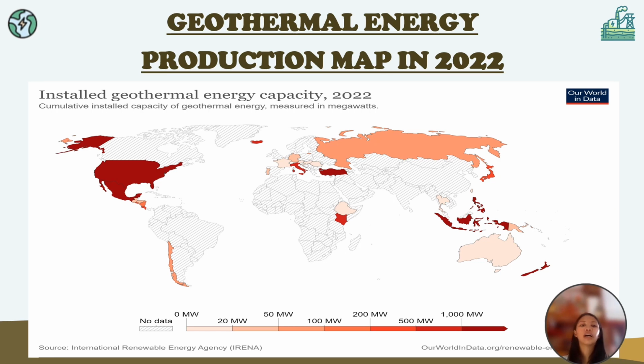They have stood out as leaders, collectively generating about 50.13% of the global geothermal energy output. These three countries have made substantial investments in harnessing the Earth's natural heat reservoir, affirming their commitment to renewable and sustainable energy. So this is the energy production map in 2022.